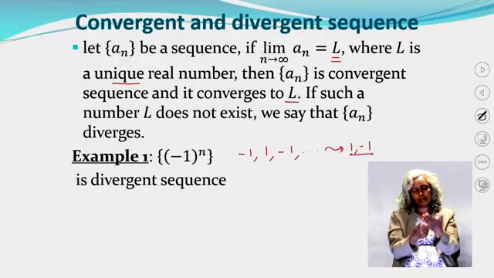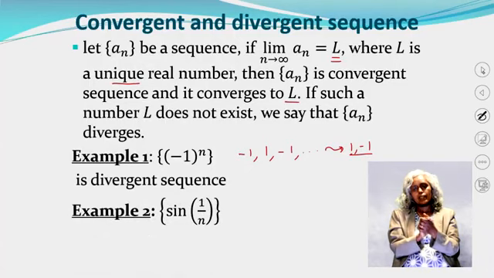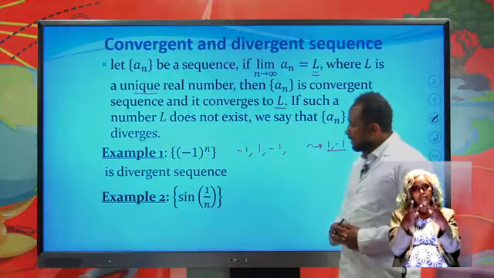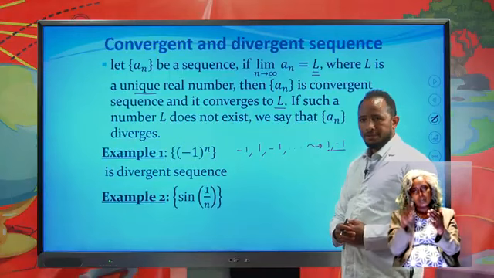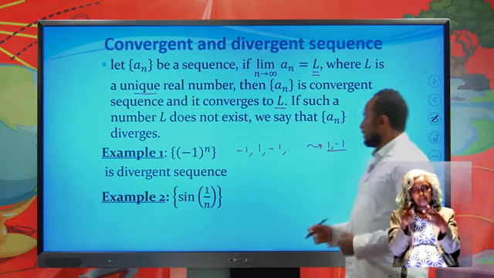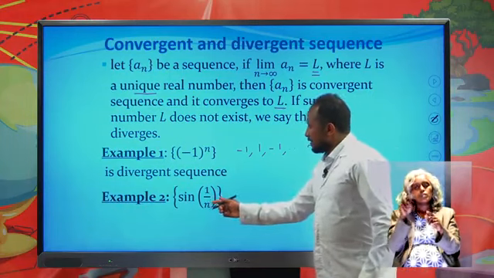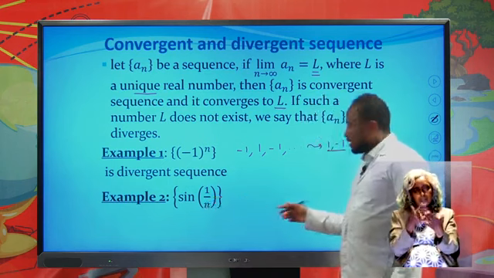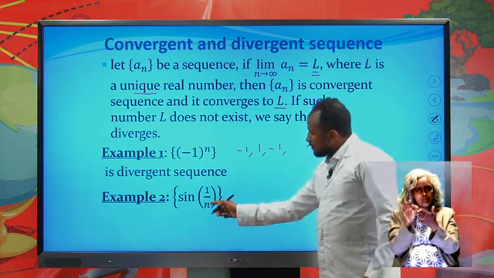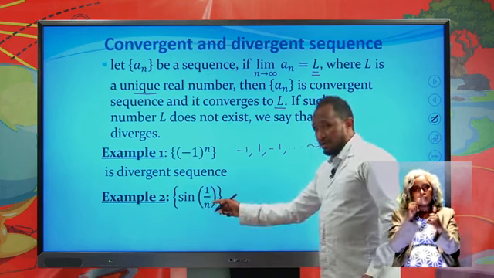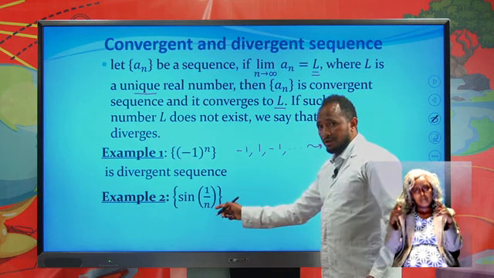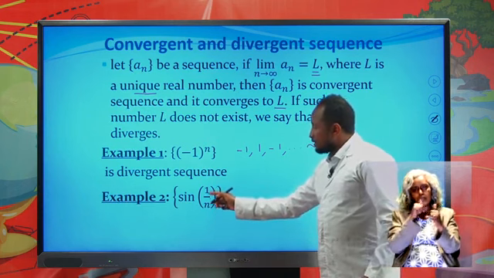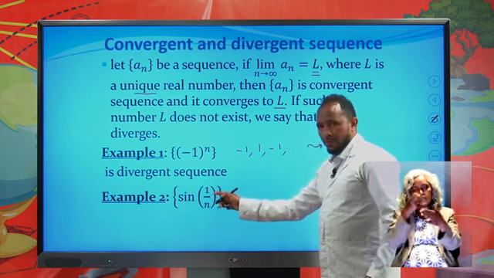Now let's see the second example, sine of 1 over n. Look at this one. When n goes to infinity, 1 over a very big number, or 1 over infinity, when you take this ratio, this value goes to 0.